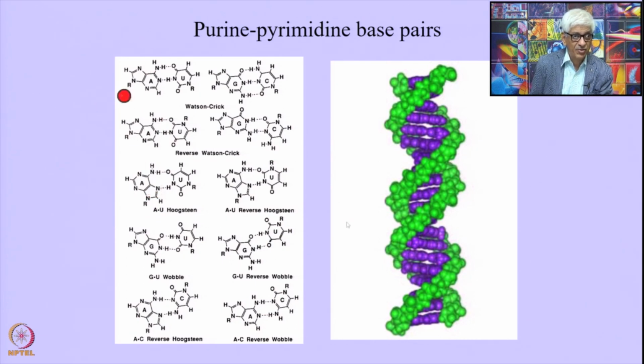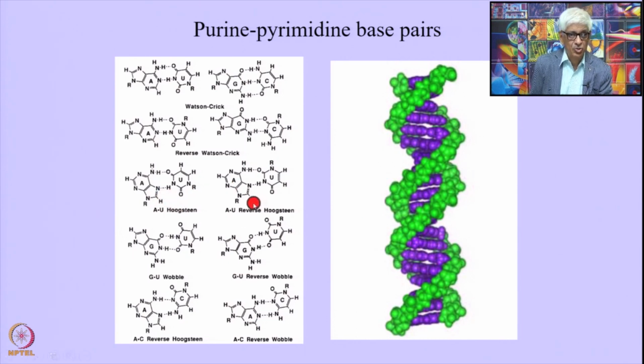So this is free here, right, this N is free, and that now comes here to take part. So that is a rotation of the glycosidic torsion angle which brings this nitrogen closer to this hydrogen here. This is the N3 of U paired to N7 of the purine, and that is called the Hoogsteen base pairing. So Hoogsteen probably is the one who proposed this.